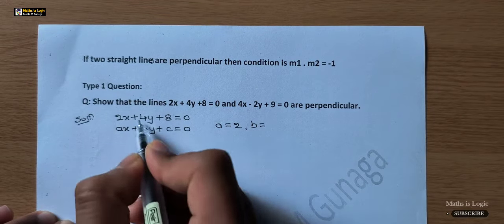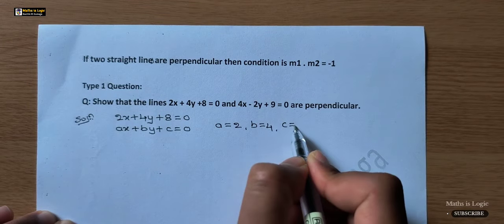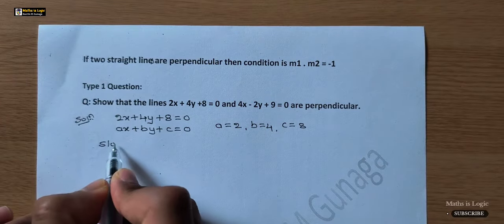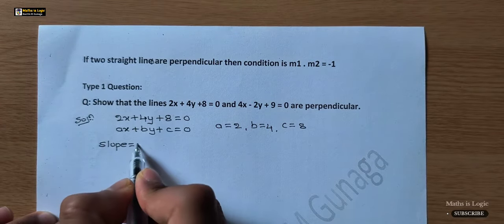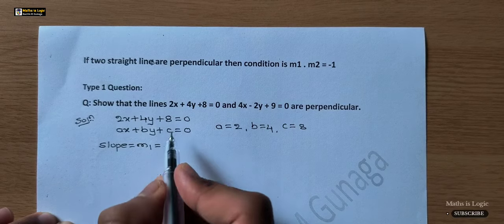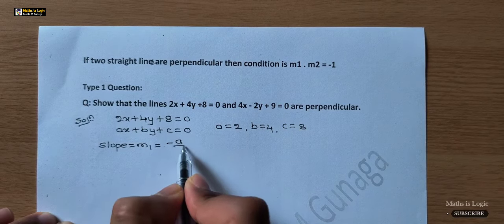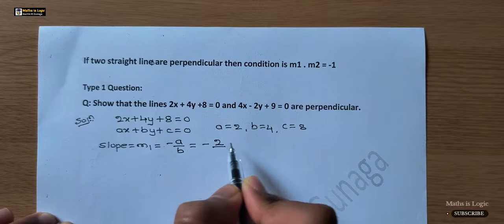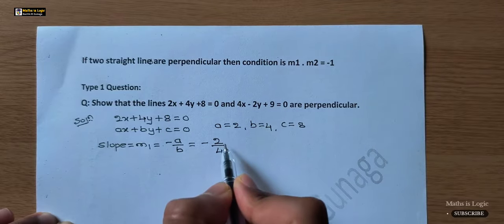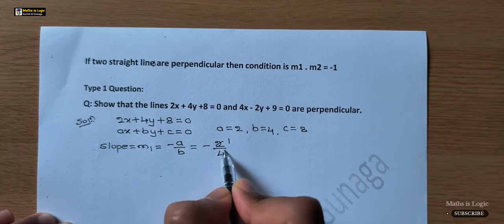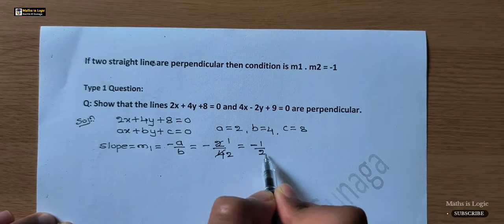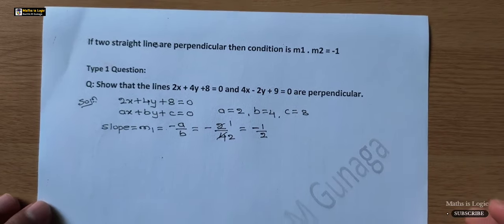Next, the b value is 4 and the c value is 8. Now find out the slope. The first line is there, so the first line slope I am going to consider as m1. The formula is minus a divided by b. Minus a means minus 2 divided by b is 4. Cancel, 2 1 2, 2 2 are 4. Therefore the m1 value is minus 1 divided by 2.